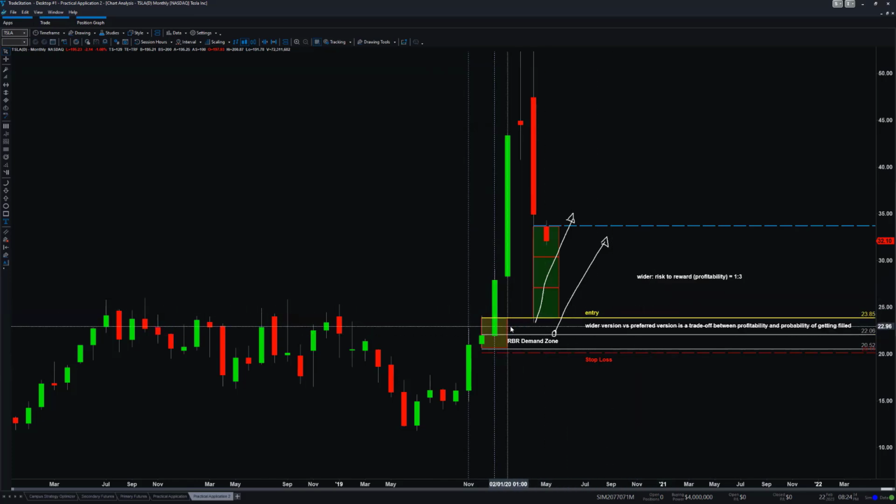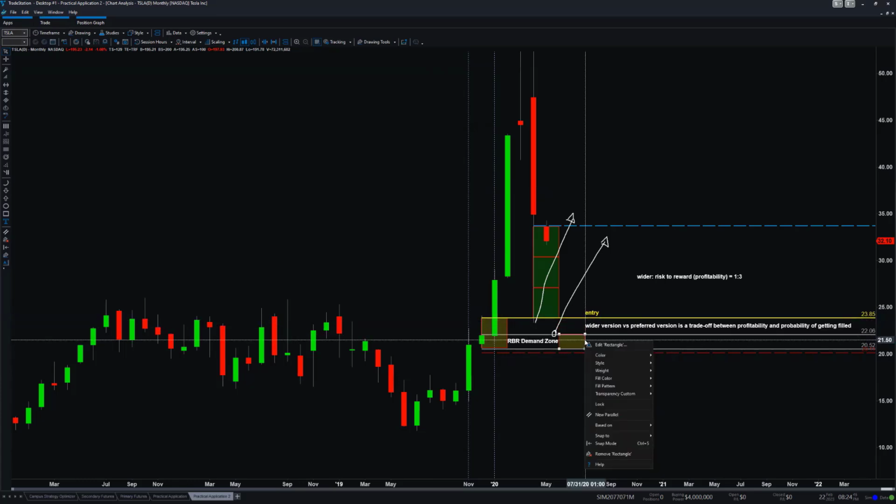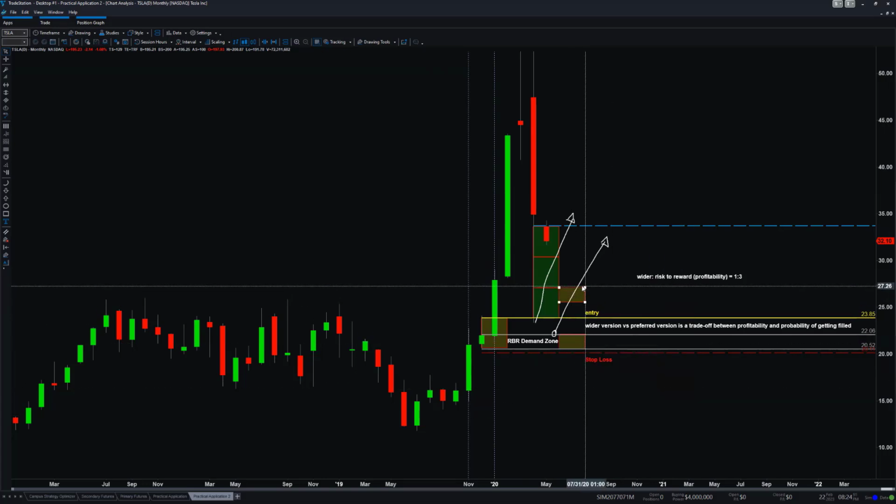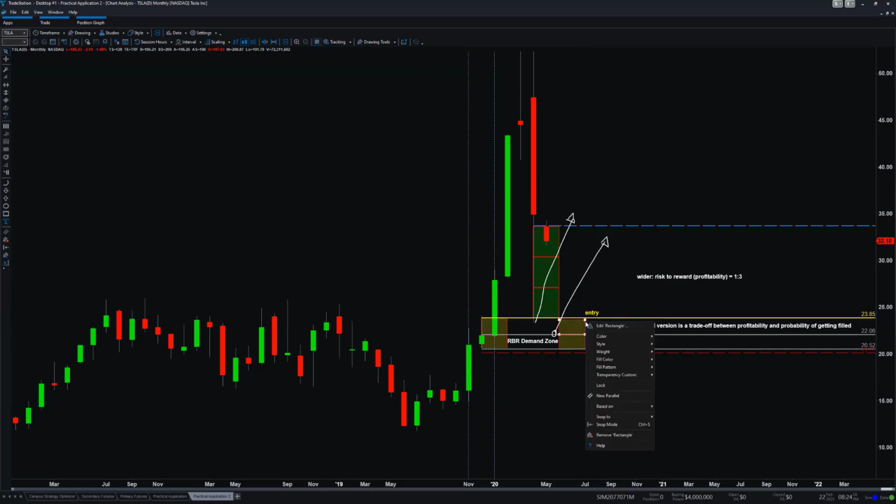Now, what about the preferred version? Well, the preferred version goes from here to here, right? And how many boxes can we now put on top of this? Well, it's one. Fill color green.